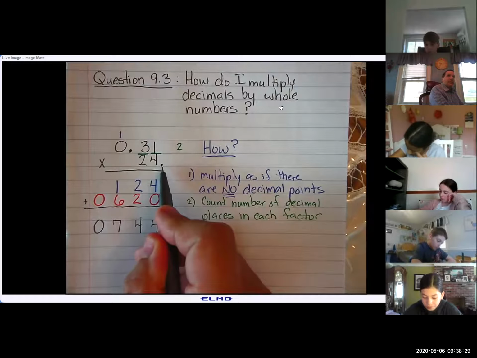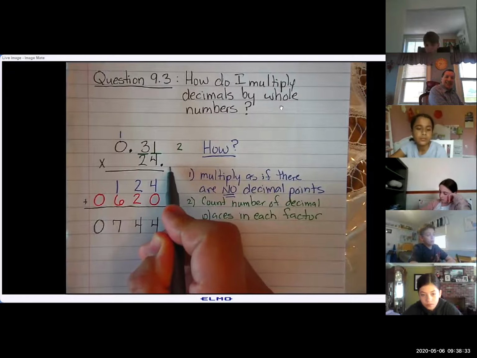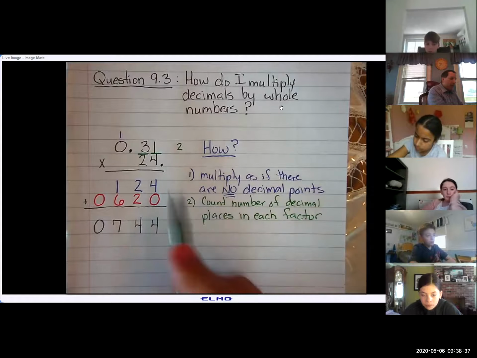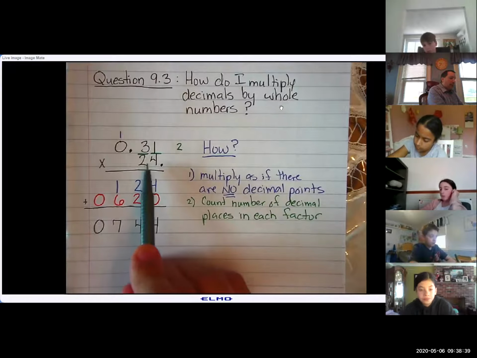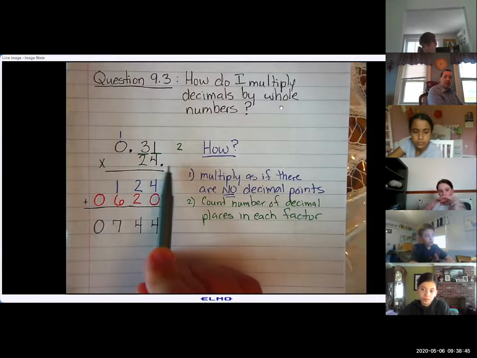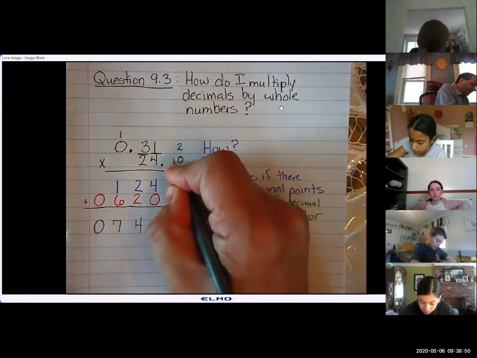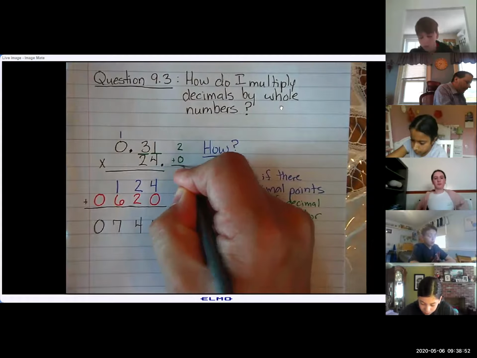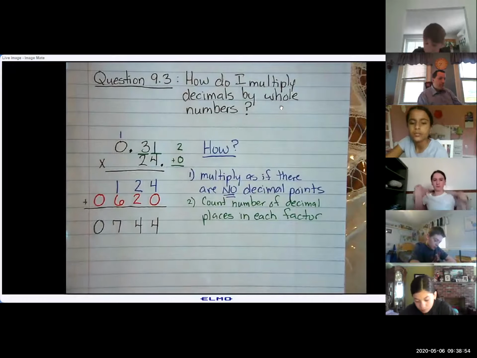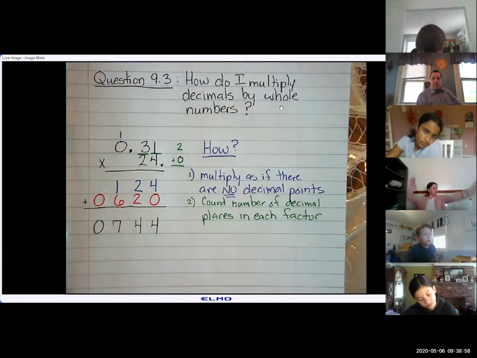How many decimal places in my second factor? 0. There are no decimal places in my second factor. It has 2 whole number place values, but it has 0 decimal place values. So I'm going to put a 0 here. What is 2 plus 0? 2.